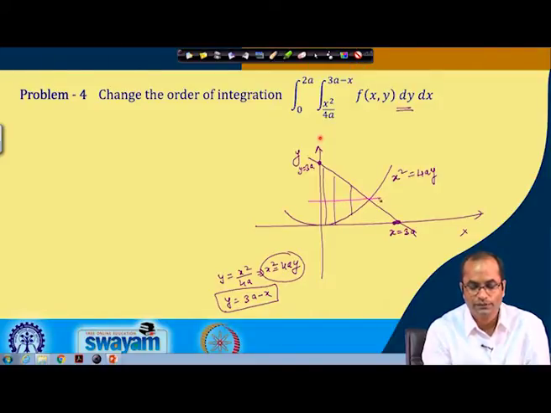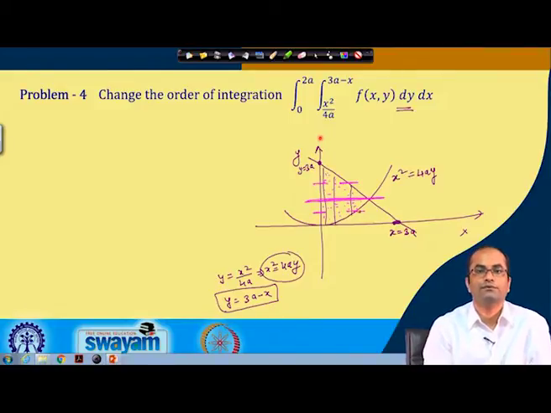In the lower domain, we have the entry point exactly at x equal to 0, but the exit is the parabola. In the upper part of this domain, we have the same entry point x equal to 0, but the exit point is this line. So, there are two different regions we have to consider if we want to change the order of integration.